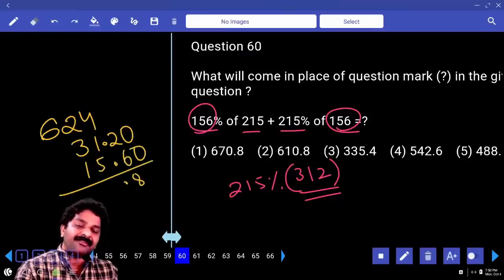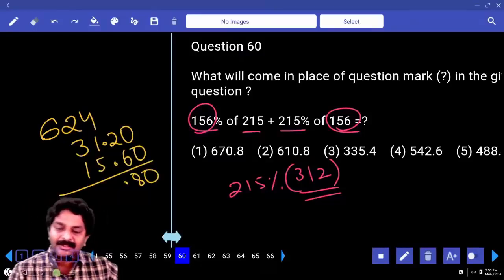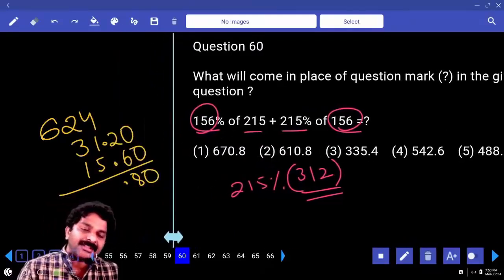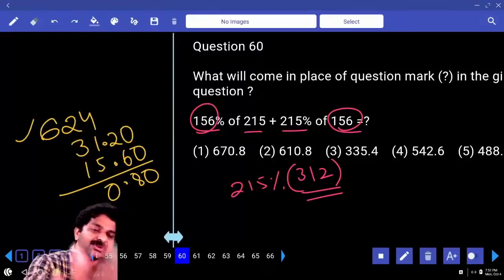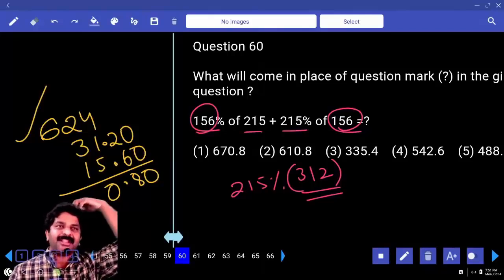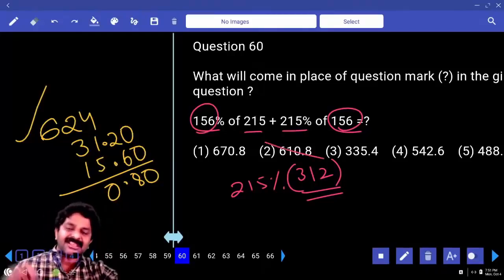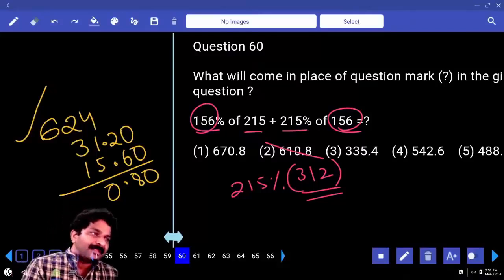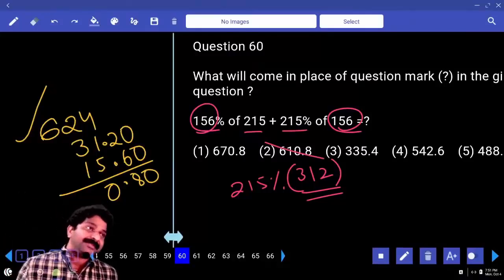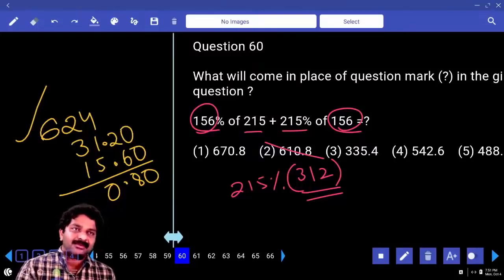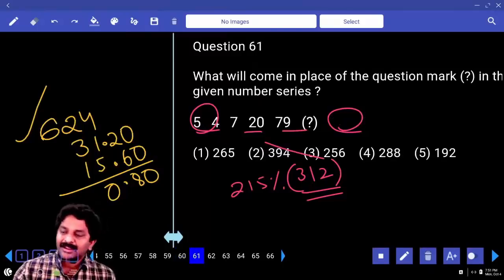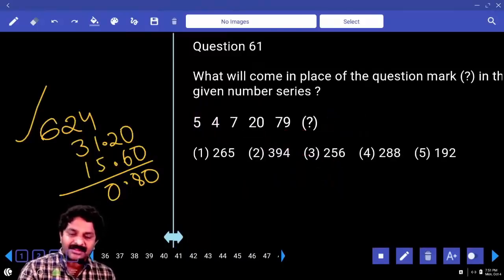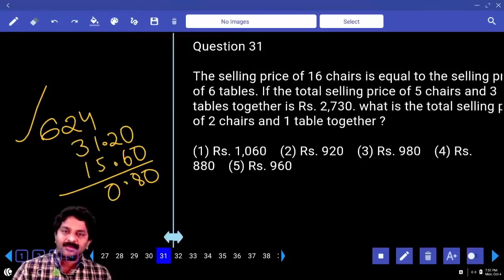That means answer after decimal point 8 should be there. 2 options are there. So before that we have 0. How many options are ending with 0.80? Again 2 options are there. So 624 plus something we have. So definitely answer must be 620 something. Second cannot be your answer because that is 610. You know that answer is 624 plus something. Hence first option final answer. I don't want to calculate everything. Okay. 61 onwards number series, so reasoning faculty will take care. Let me start 31 onwards.